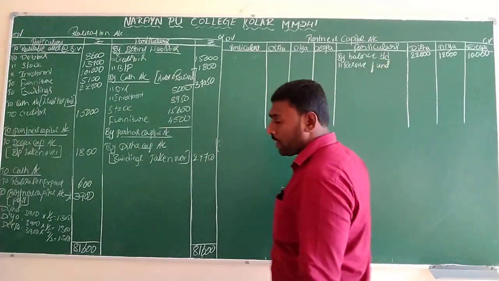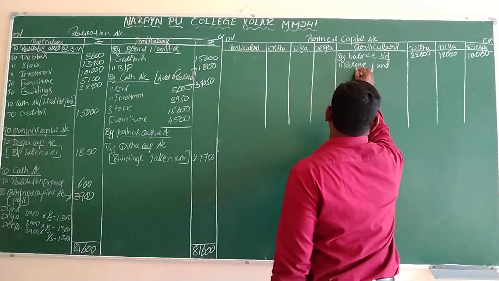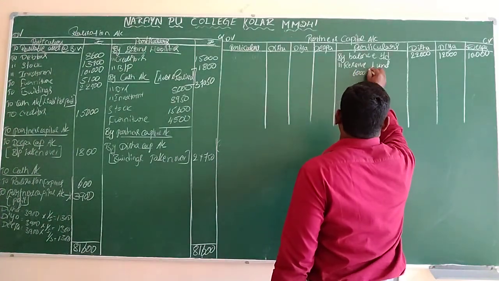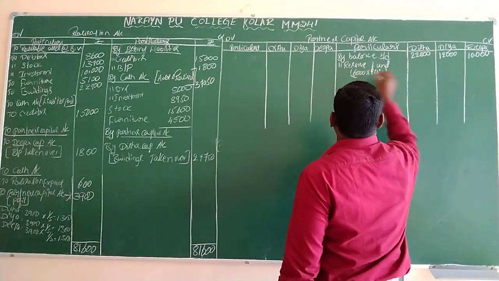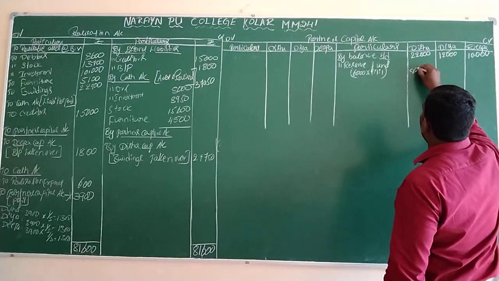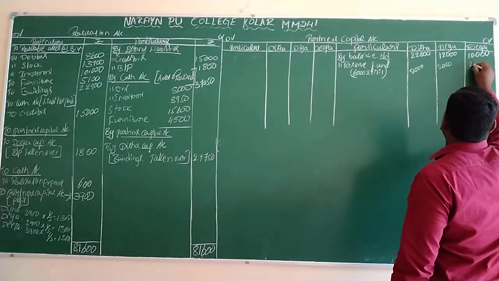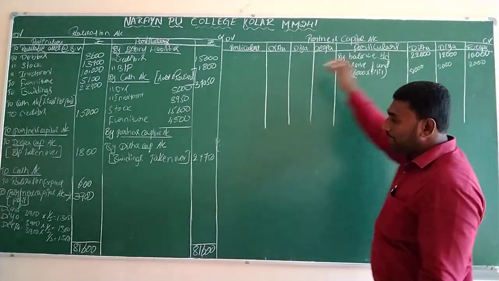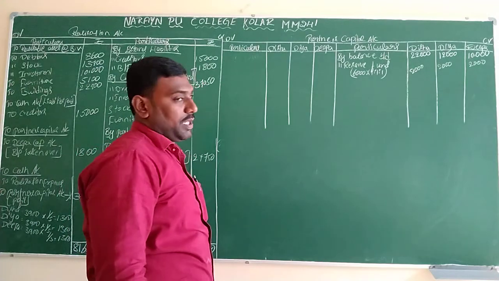The value of the reserve fund given in the previous balance sheet is 6,000. We have to distribute that in the ratio of 1:1:1. Therefore 2,000 for each partner. Totalling 2 plus 2 plus 2, we again get 6,000.